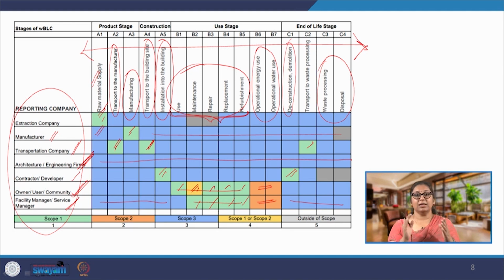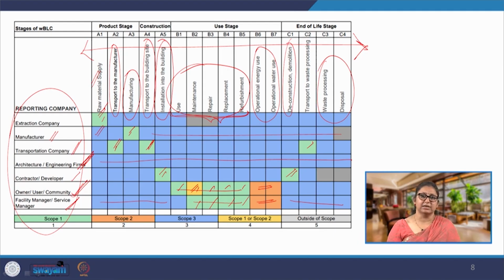For any product, we look at the entire life cycle stages and all the stakeholders, and then there will be absolute clarity as to where all the emissions are coming from and who is going to be responsible for them, directly or indirectly. Wherever we have scope 1 emissions, it implies that that stakeholder is directly responsible for reducing the emissions.